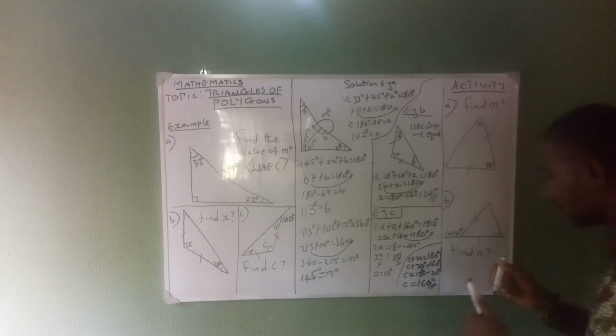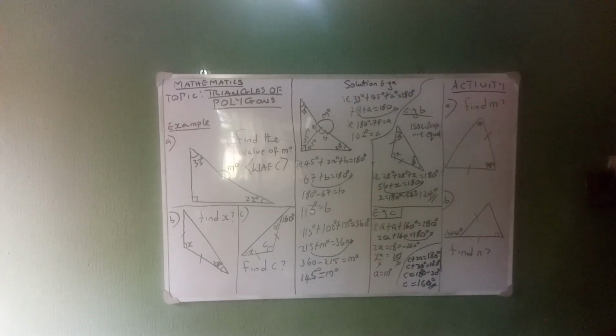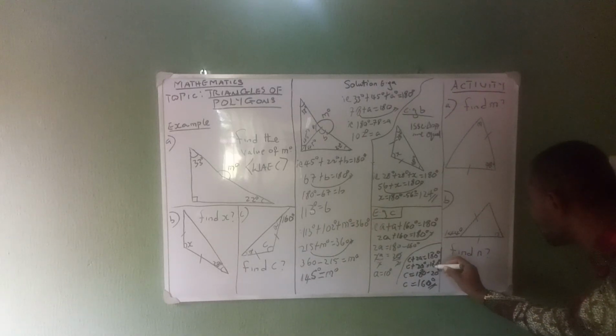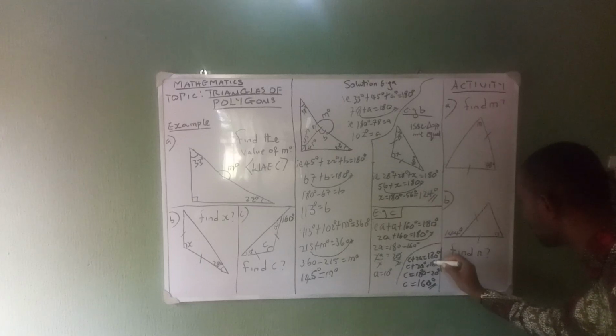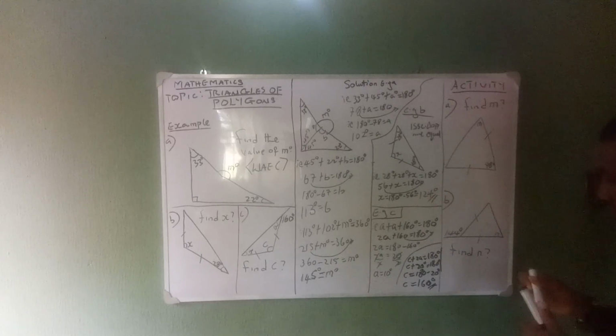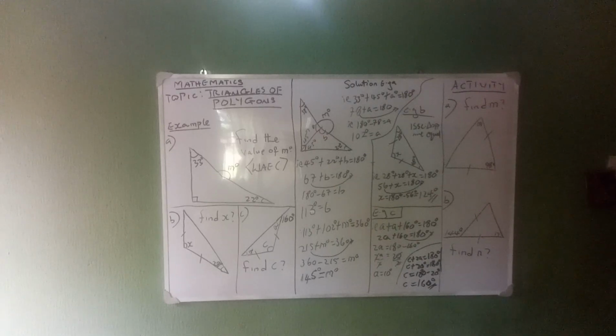That's our answer. So our C is equal to 160 degrees. So this is it on triangles of a polygon.